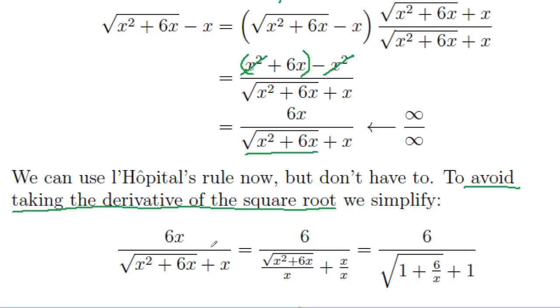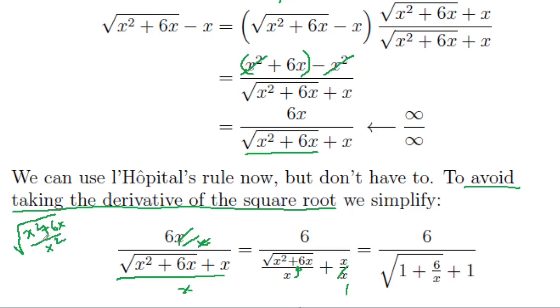But what I do instead here is I divide the numerator and denominator by x. That way I'll cancel the x's and I get this down here after I split the fraction into 2. x over x is 1, and then I'll take that x up inside the square root, and that gives me 1 plus the square root of x squared plus 6x divided by x squared.